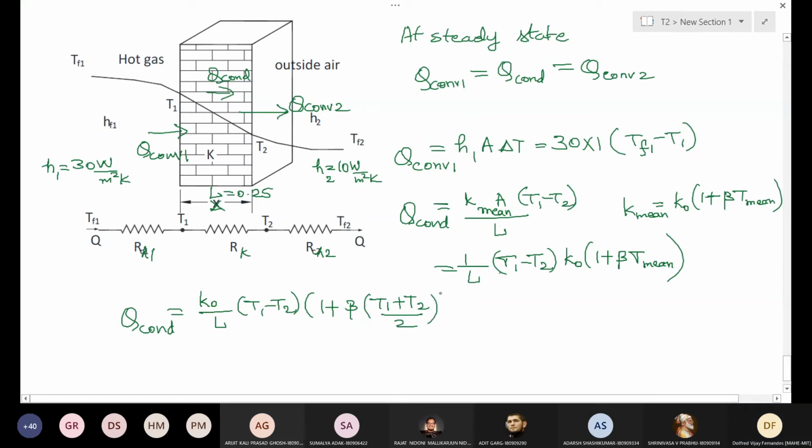So further, if you want, you can simplify this one.